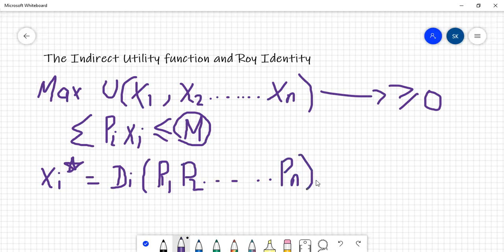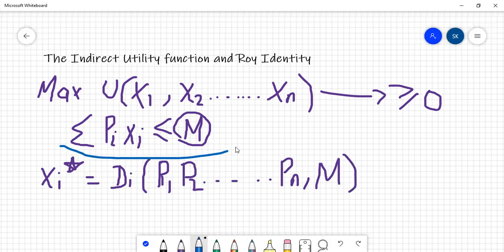And one more thing we have to add is, given the income level of the consumer. Why? Because now we have added the budget constraint into this equation. So we have to maximize utility given the budget constraint. Therefore, the optimal xi will be a function of prices and the income of the consumer.